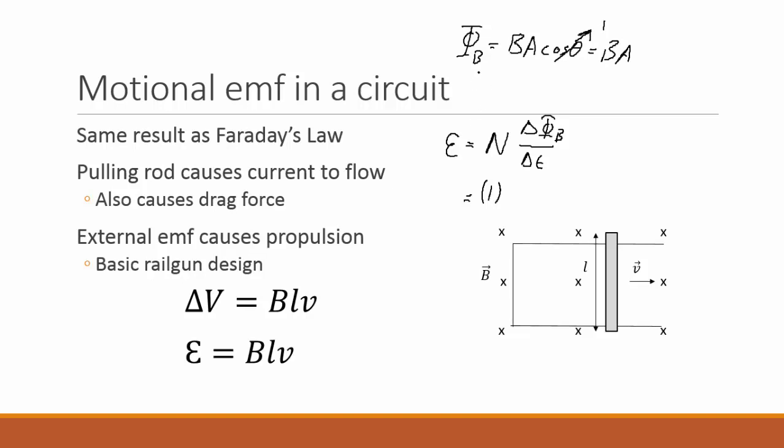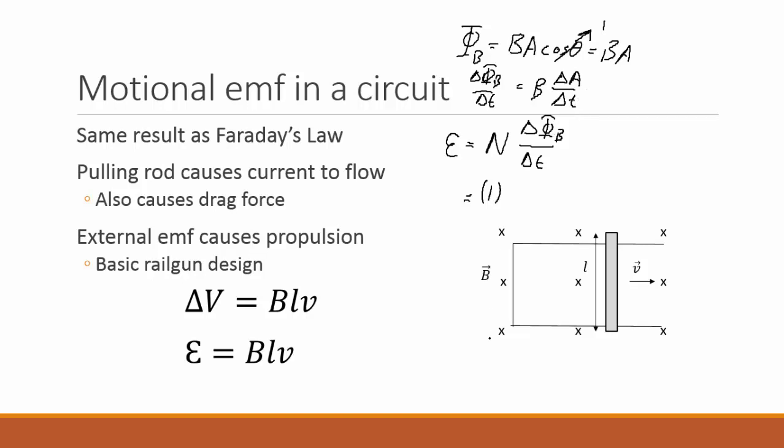Now I want to look at the change in this over time, because that's actually what I'm going to use down here. If I do a final minus initial, the magnetic field is staying the same, so I can pull that out of the delta. So it would be B delta A over delta t.